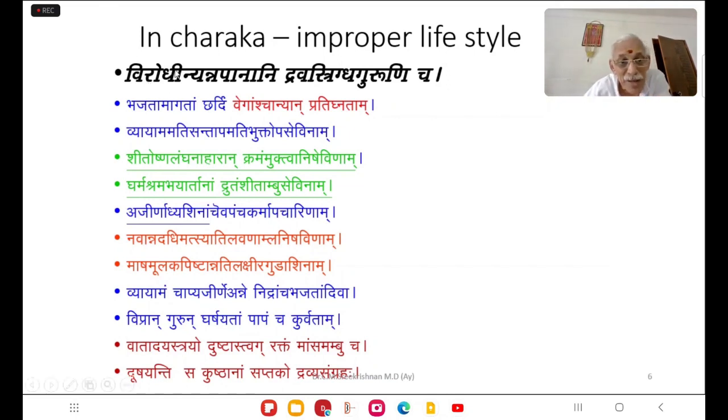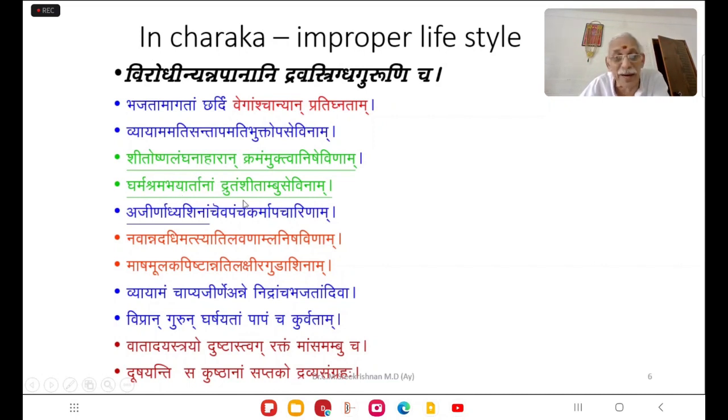Then Bhaya, Agada, Chardi Vega, Shrama, Vegavidharana, Vyayama, Santapa, Ati Bhukta Upasevinam. It increases pitta and heat in the body, causing deterioration of the metabolism.